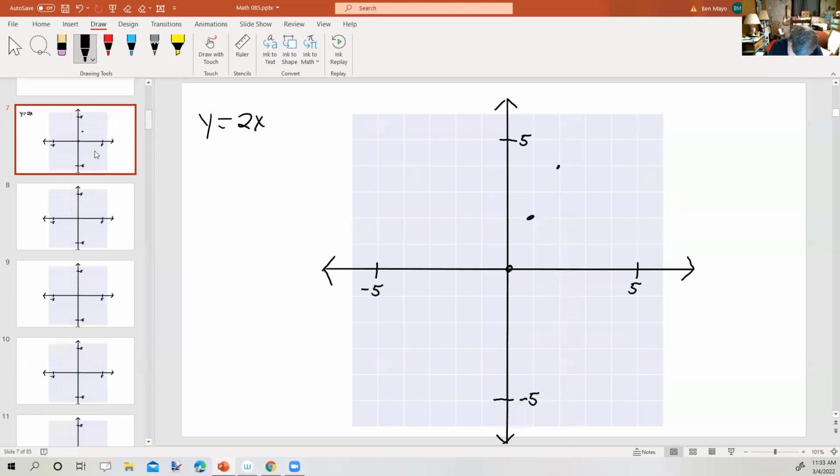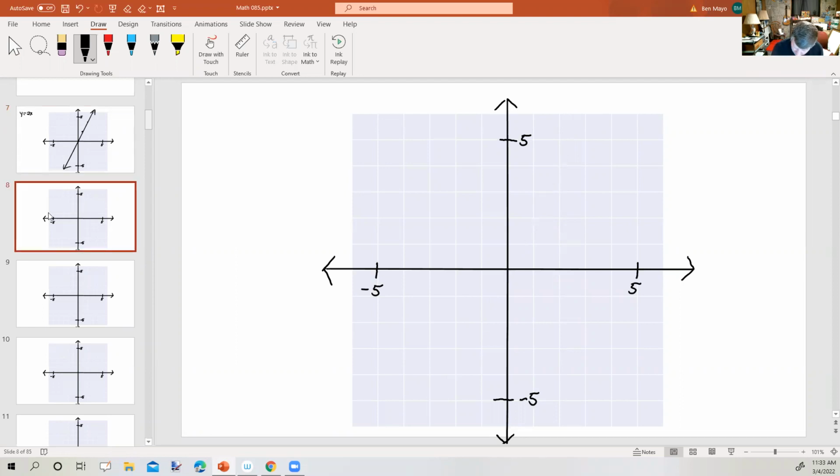So it would look like this. Let me get this graphed. So there's the linear equation y equals 2x.